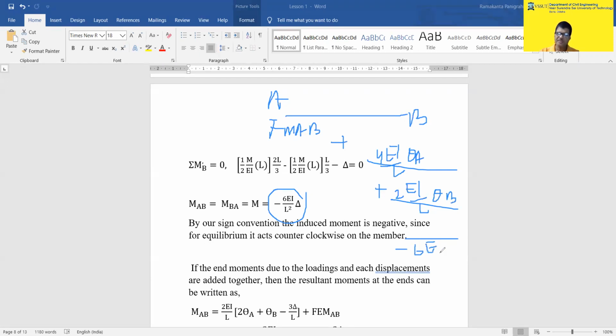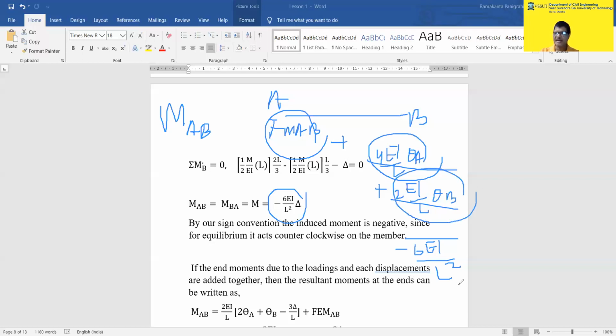So we find all these moments when a beam is rotated at one end. The rotations are unknowns. You will provide rotations and also the displacements, so we combine all these values to get the total moment at AB. That means the moment at A in the span AB is the fixed end moment plus 4EI/L into theta A plus 2EI/L into theta B minus 6EI delta by L square.